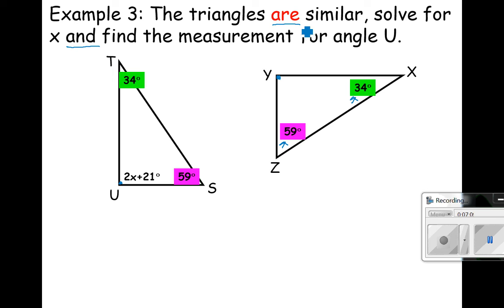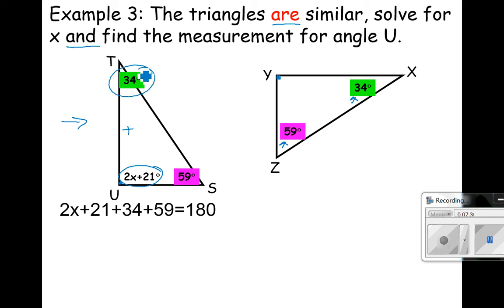So here's those measurements. Because I've already learned that the angles in a triangle have to add up to 180 degrees, I can set up my equation with triangle TUS. So I have this measurement plus this measurement plus this measurement equals 180 degrees.